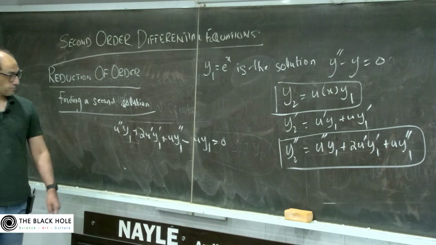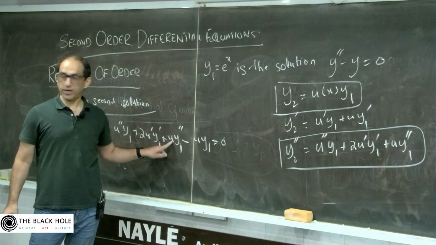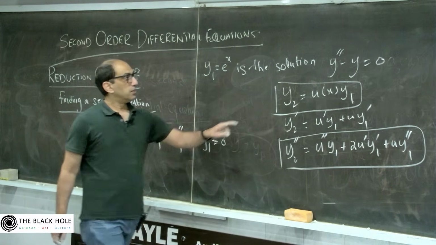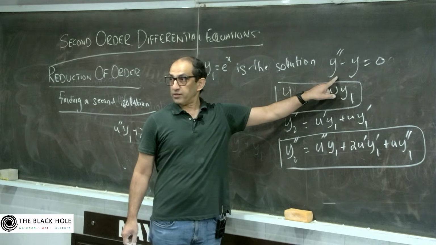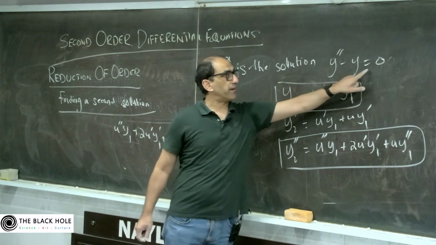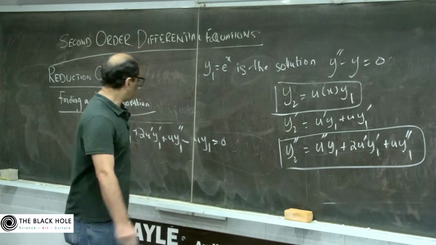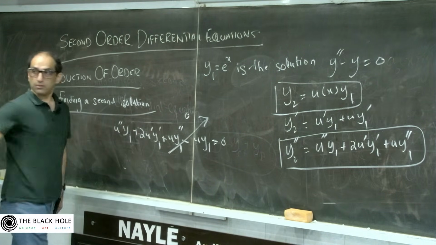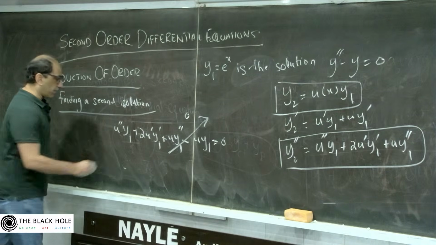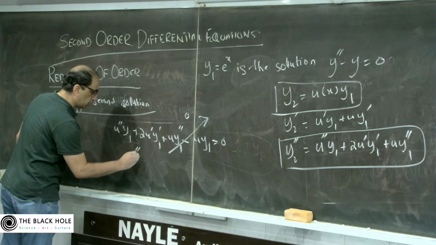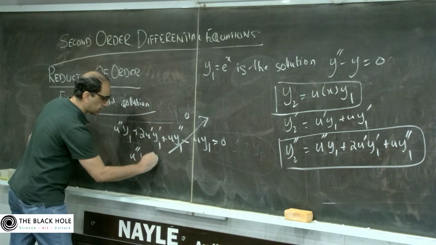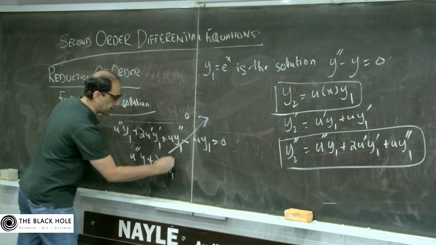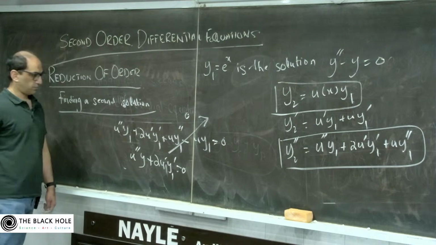If you take u common here, this will be y1 double dash minus y1. Since y1 is a solution, y1 double dash minus y1 is 0, so this becomes 0. And all that I now have is u double dash y1 plus 2u dash y1 dash is equal to 0.